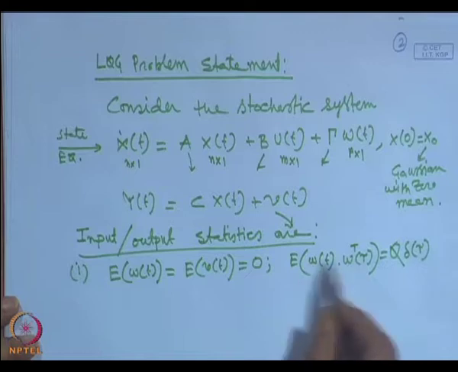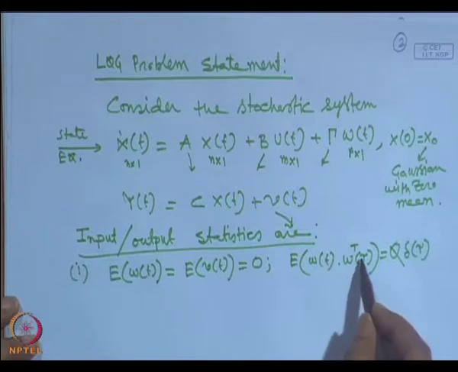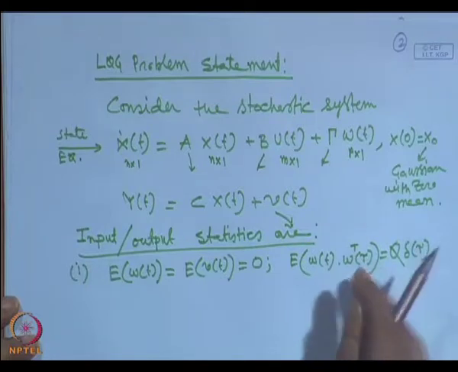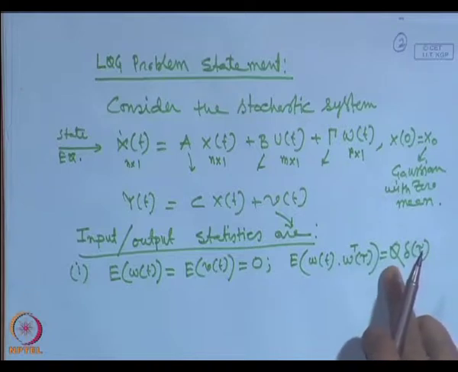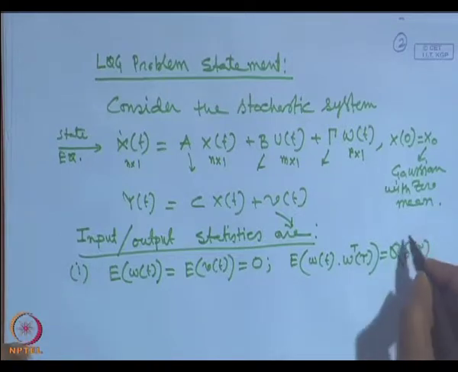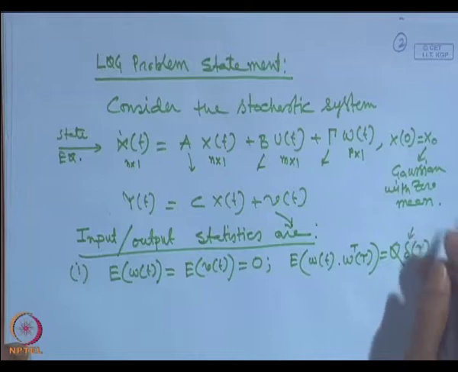So when small t equals tau, the covariance matrix is Q.